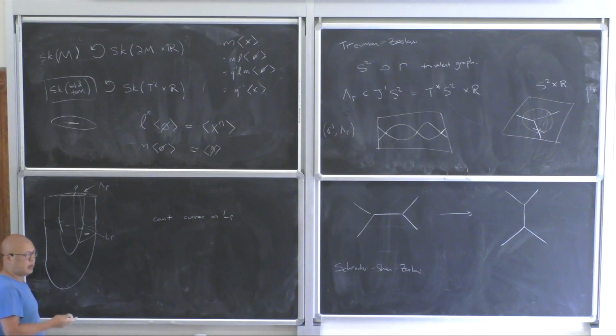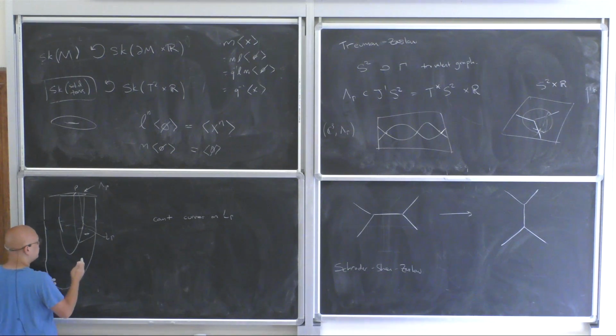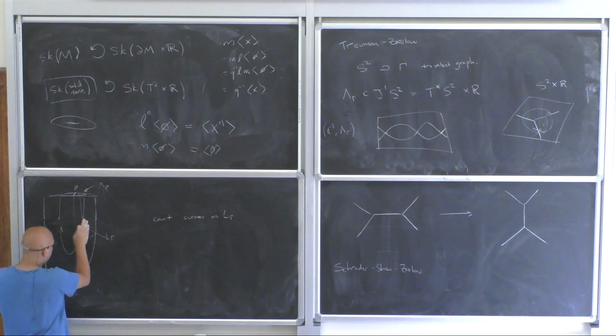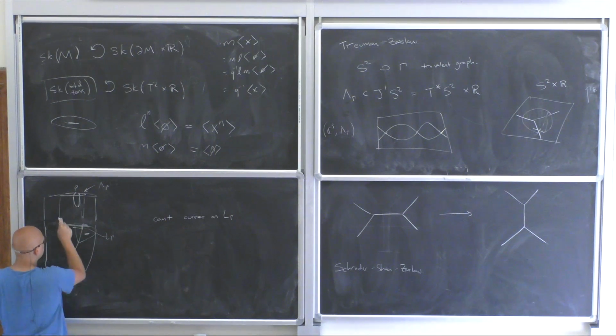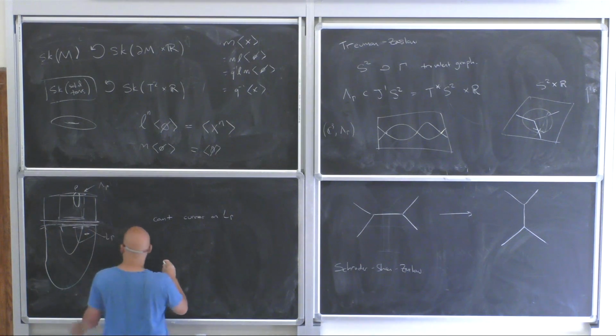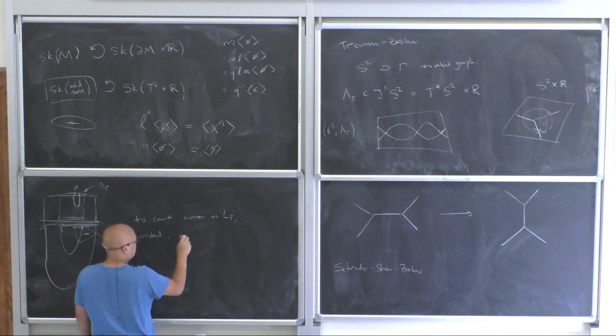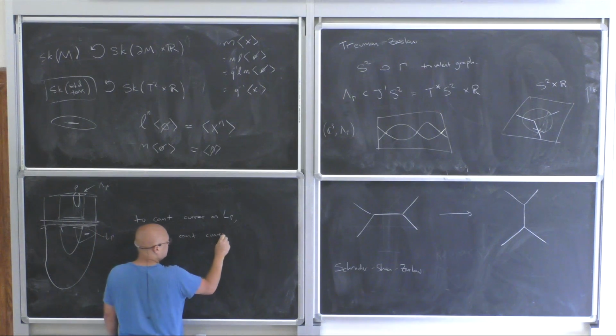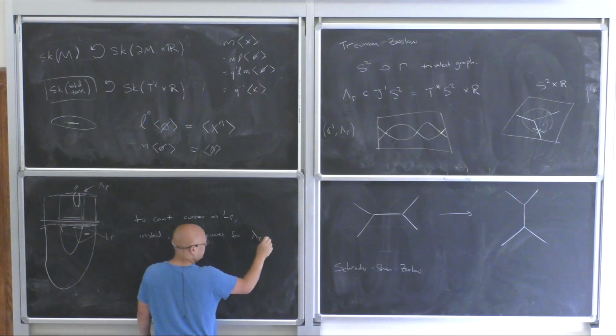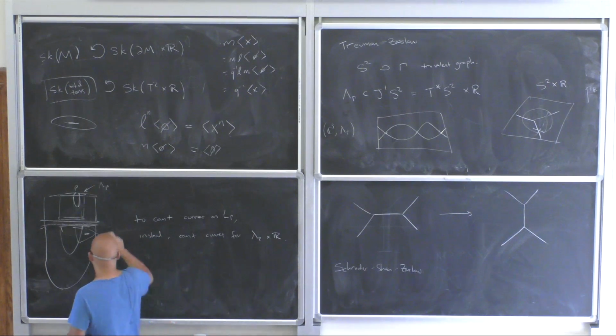We study its boundary. Its boundary, because there are no index 0 Reeb chords and no index 0 Reeb orbits, looks the same as this picture that I keep drawing. It has some stuff upstairs and some stuff downstairs. Like this. And what we learned from this is, to count these curves, instead count curves for this lambda gamma times R. And that's this count.